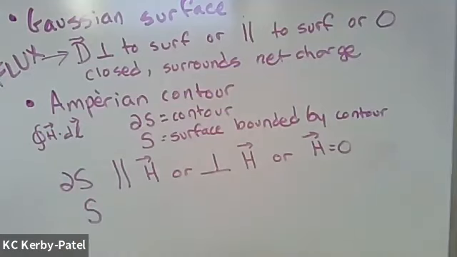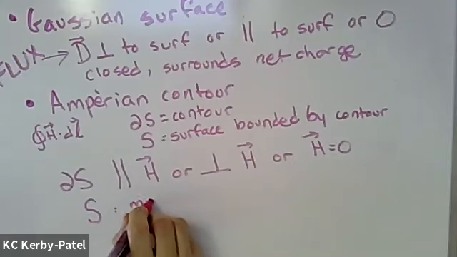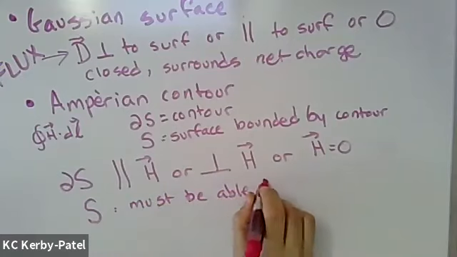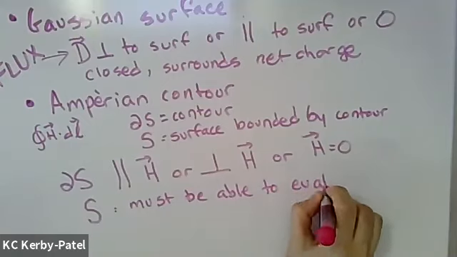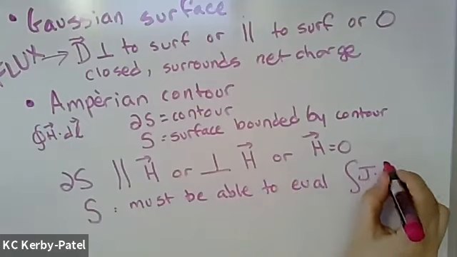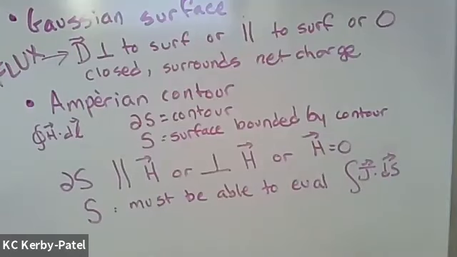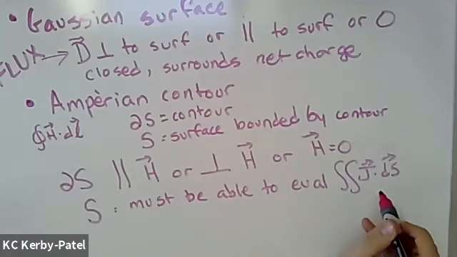Second, that surface, you need to be able to evaluate the amount of current flowing through the surface. It's not that the current needs to be perpendicular to the surface. It's not that the current needs to be constant over the surface, but this has to be an integral you can solve.